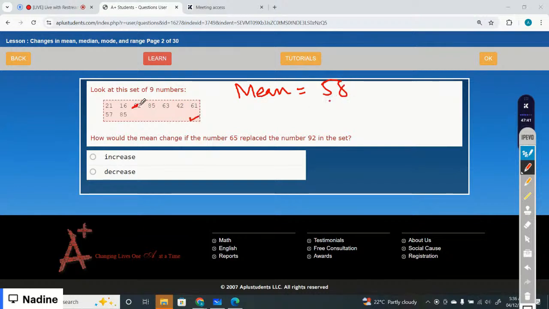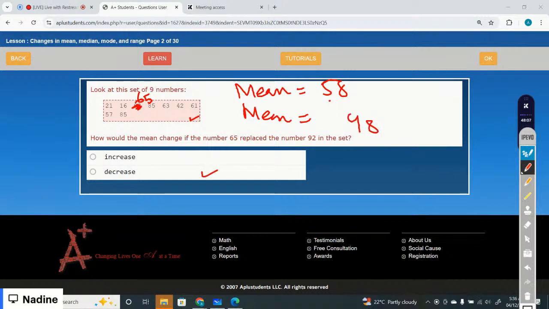Now replace the 92 with 65 and calculate the mean. I'm going to add them and divide by 9. 21 plus 16 plus 65 plus 85 plus 63 plus 42 plus 61 plus 57 plus 85, that is 495, and 495 divided by 9 is 55.